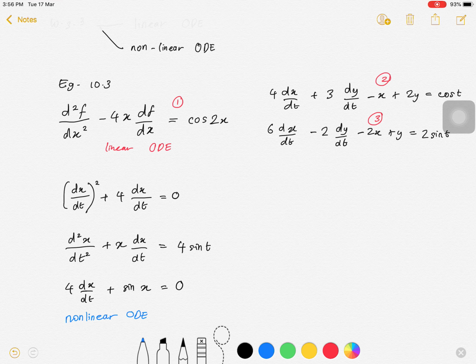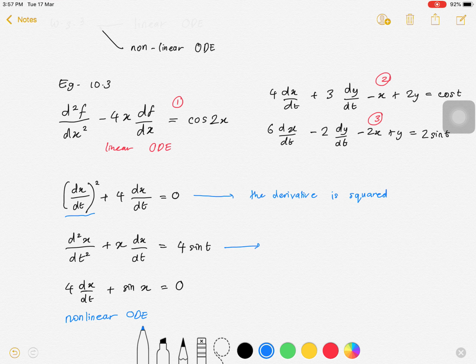Because for the first one, the derivative is squared. If you look here, this derivative is squared, and that's why it becomes nonlinear.